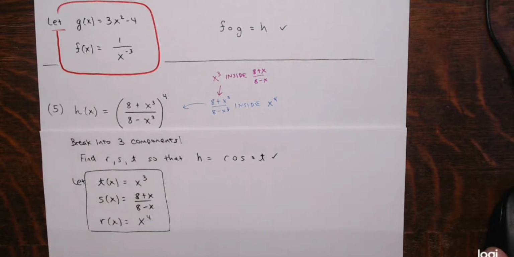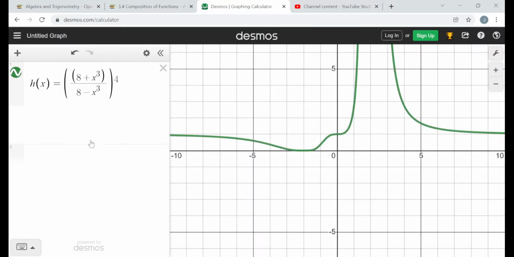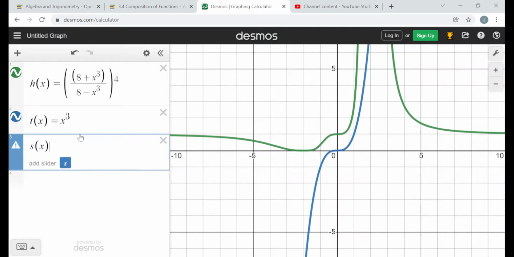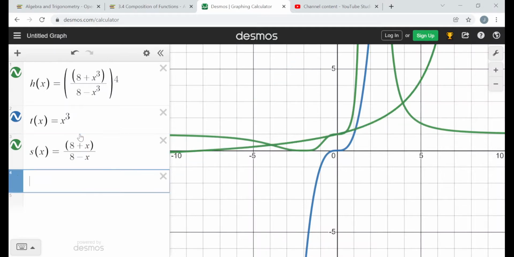And once again, I'll show you on a graph. All right. So there's h. Let me just get rid of this stuff. All right, and if I say t of x equals x cubed, and then s of x equals 8 plus x over 8 minus x, and then r of x equals x to the fourth.